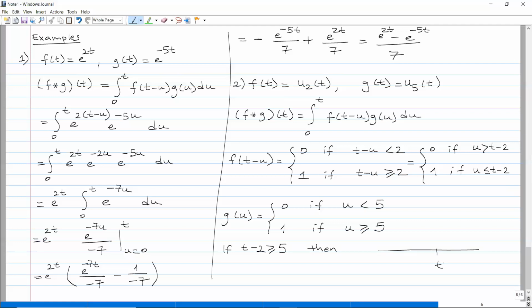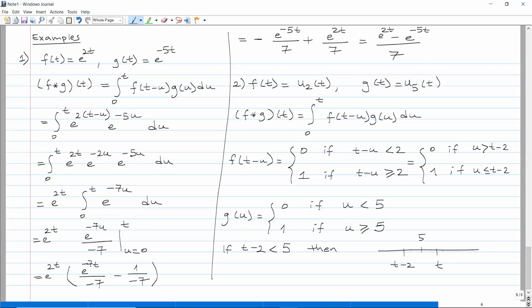Here is t, here is t minus 2, and somewhere here is 5. If t minus 2 is less than 5, then 5 is either somewhere here or it may be over there, larger than t even.